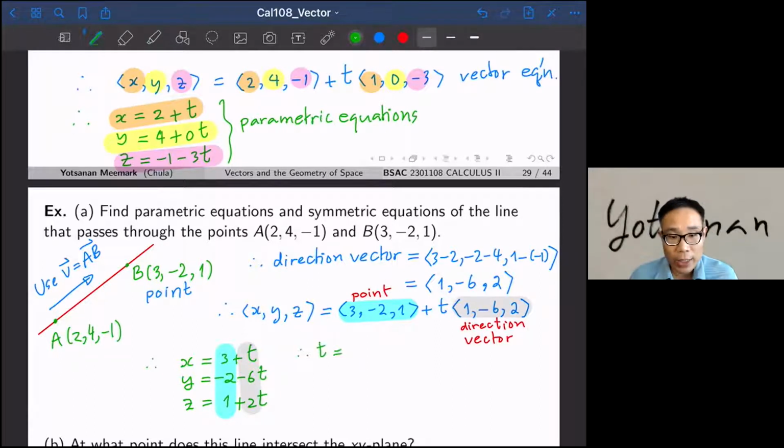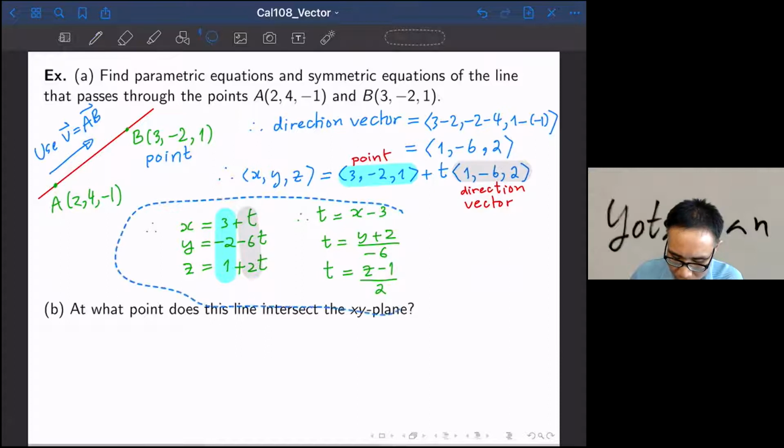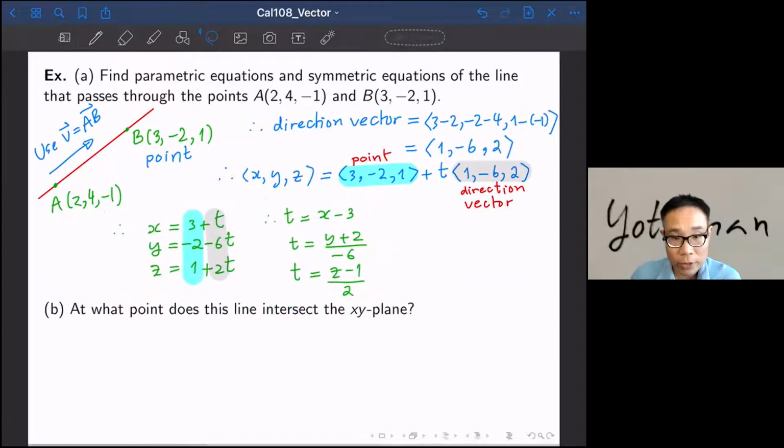From the first equation, you solve for t and you get x minus 3. From the second, you get y plus 2 over negative 6. And from the third, you get z minus 1 over 2. So you have t equal to x minus 3, t equal to y plus 2 over negative 6, and t equal to z minus 1 over 2. These are solved from the parametric equation.